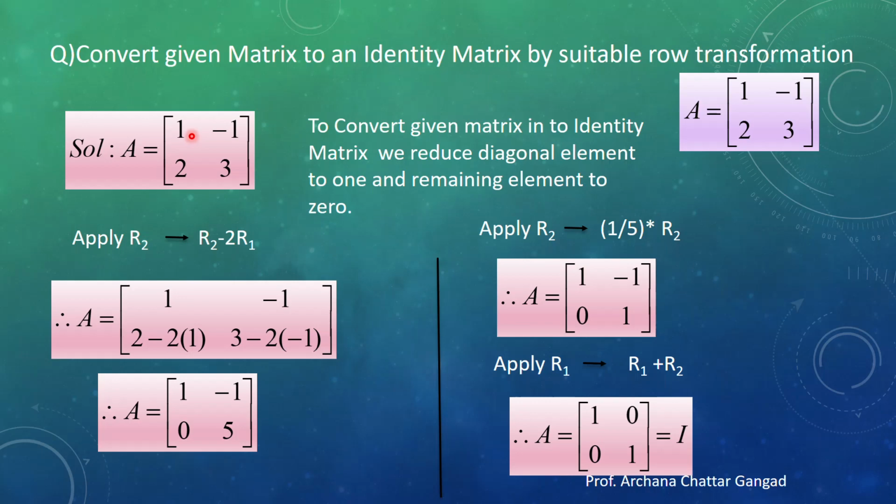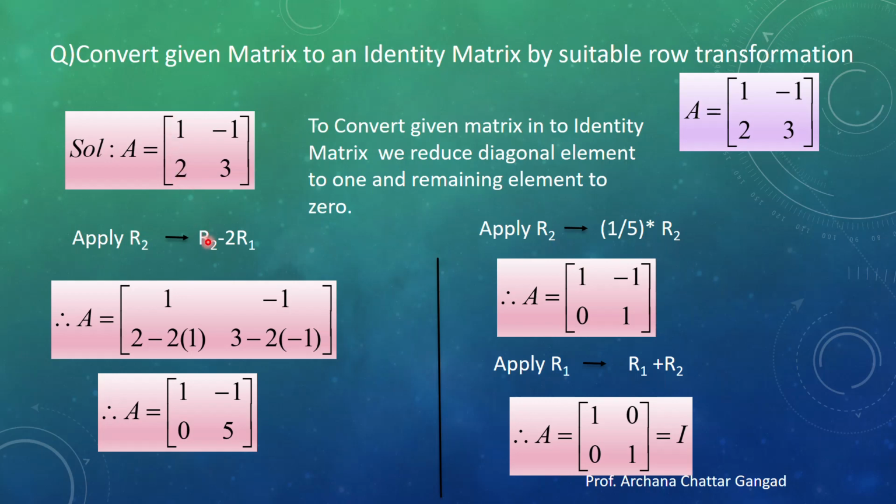So which row elementary transformation should be applied so that this number becomes 0? Now this number occurs in a second row, so we are going to change second row first. So R2 will be changed. How it will be changed? We want here 0. So 2 minus 2 it becomes 0, but with respect to the diagonal element we have to perform the operation.